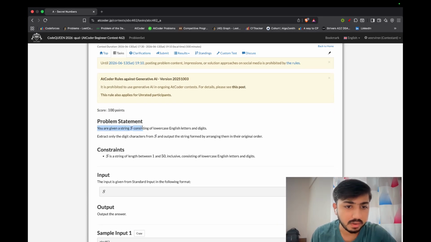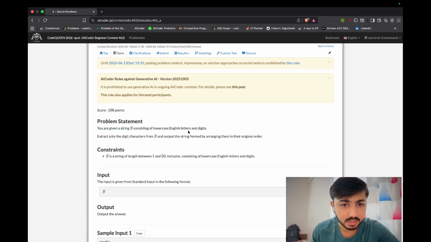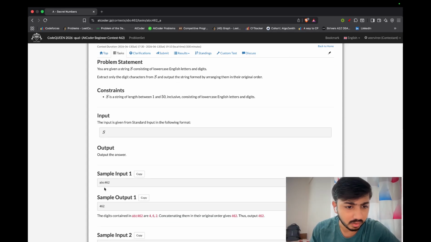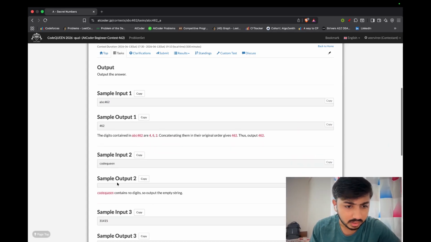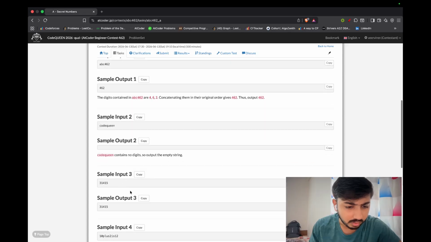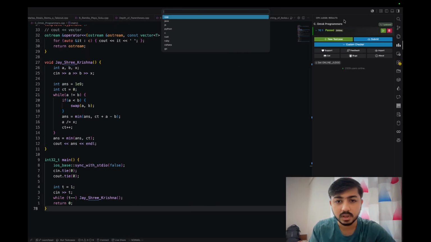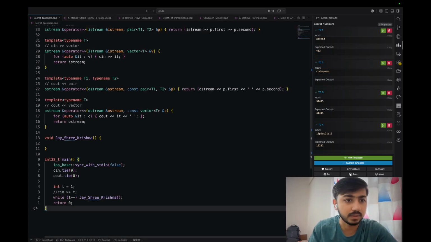Given a string S consisting of lowercase letters and digits, exactly one digit. Okay, so you have to extract the digit. That's fine. Let's extract the digits from the string.